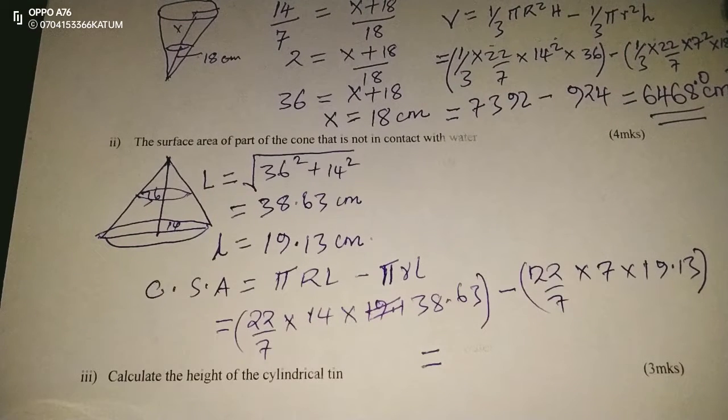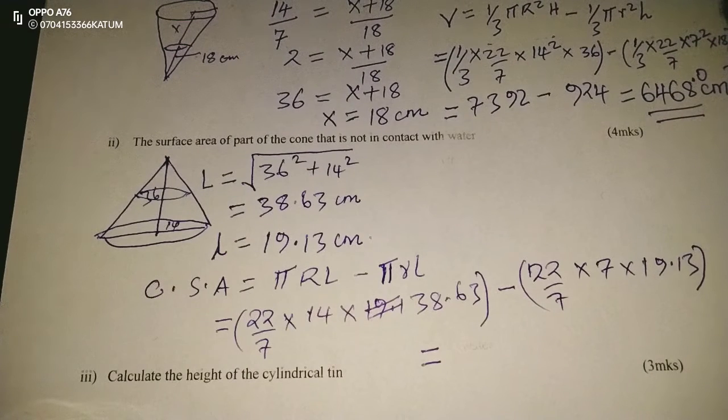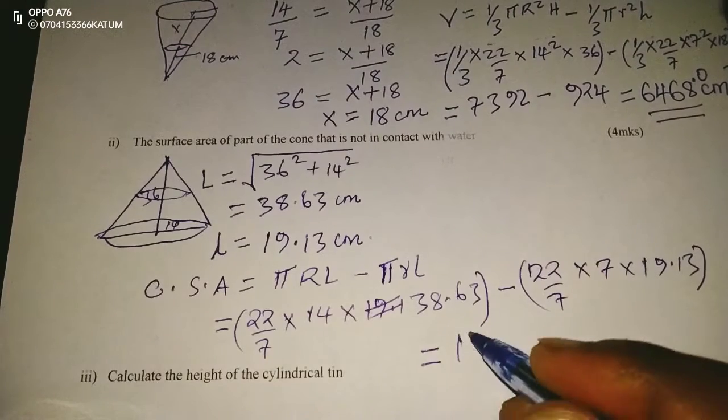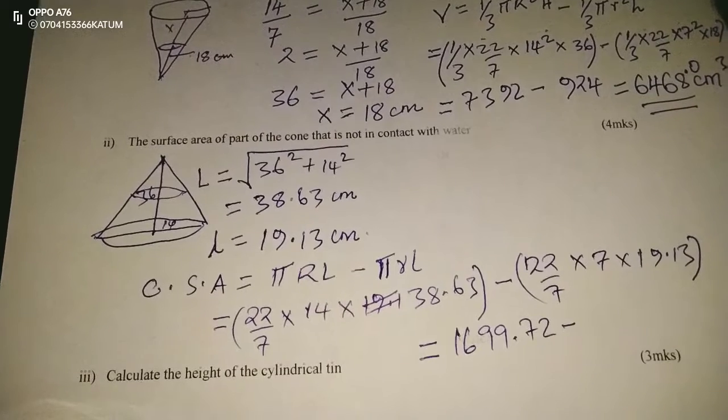22 over 7 multiplied by 14 multiplied by 38.63. This becomes 1699.72, minus 22 over 7 multiplied by 7 multiplied by 19.13.